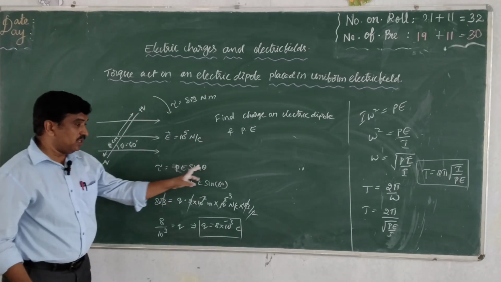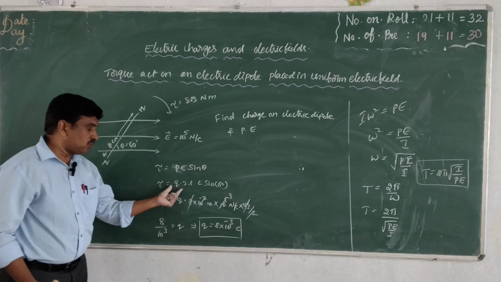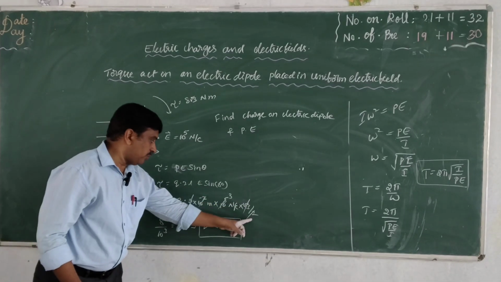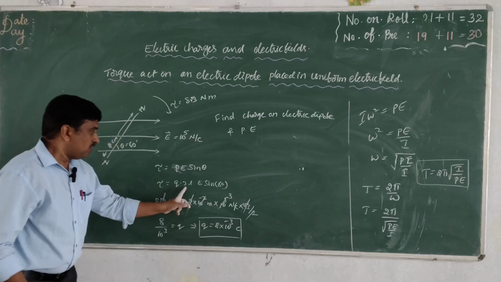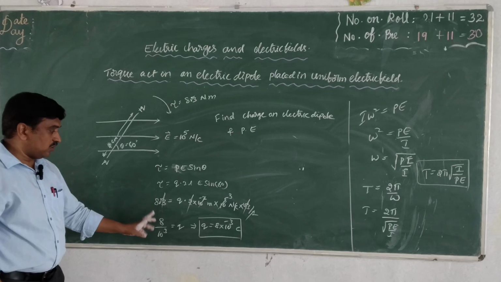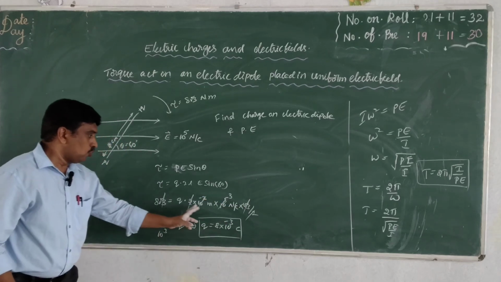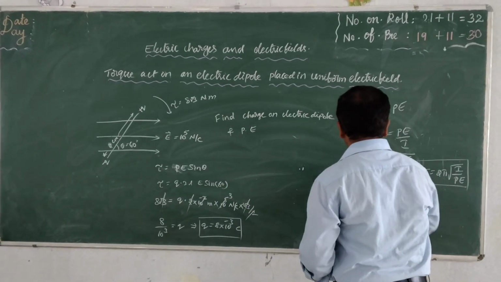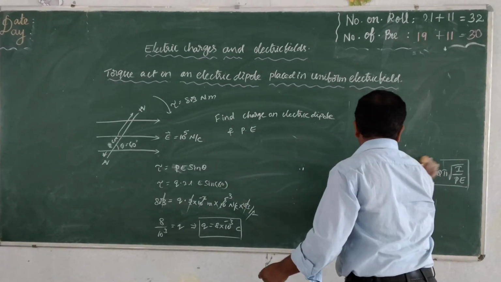So torque equal to P E sin theta, P means Q into 2L, E sin 60, which is root 3 by 2, E value 10 power 5, 2L is 2 into 10 power minus 2. Torque is 8 root 3. Root 3 cancels, 2 cancels, and we get the charge on the electric dipole as 8 into 10 power minus 3. Now we want to find the potential energy.